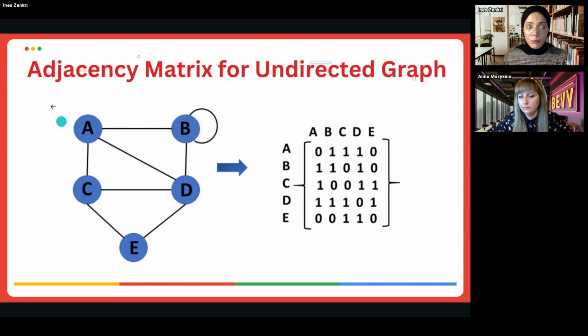If there were, there would be a cycle right here. So we just put a 0. And since B has a cycle on it, B and B has 1. And as we see here, it's quite a symmetric matrix because it's undirected. So BA is the same as AB, and that's why we get this symmetric matrix.